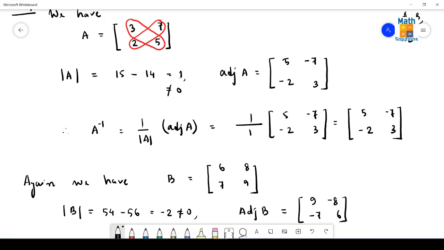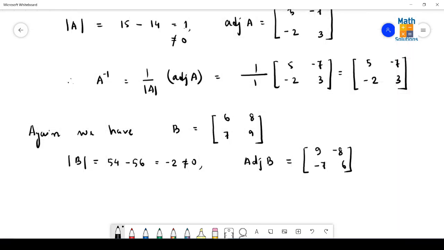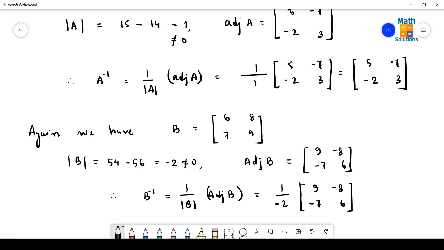Therefore B inverse is equal to 1 by determinant of B into adjoint of B. So the result will be 1 by minus 2 times 9, minus 8, minus 7 and 6.